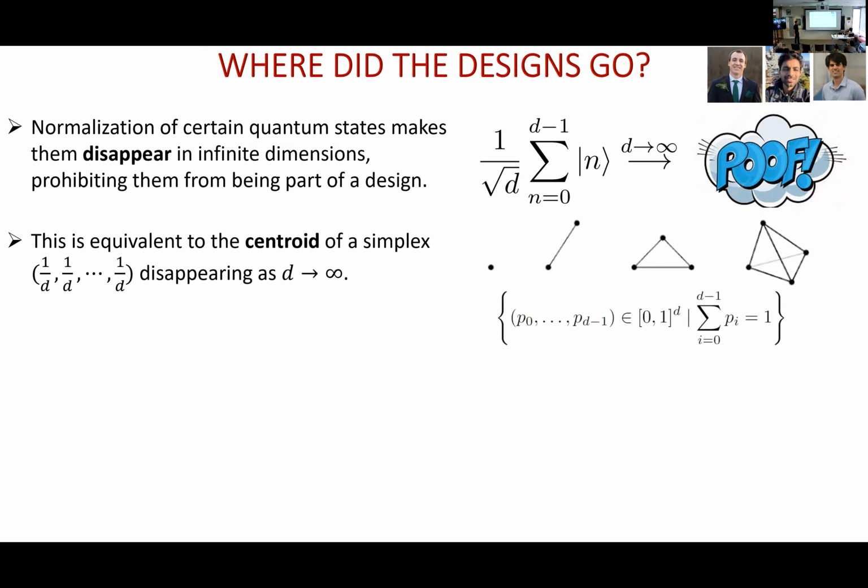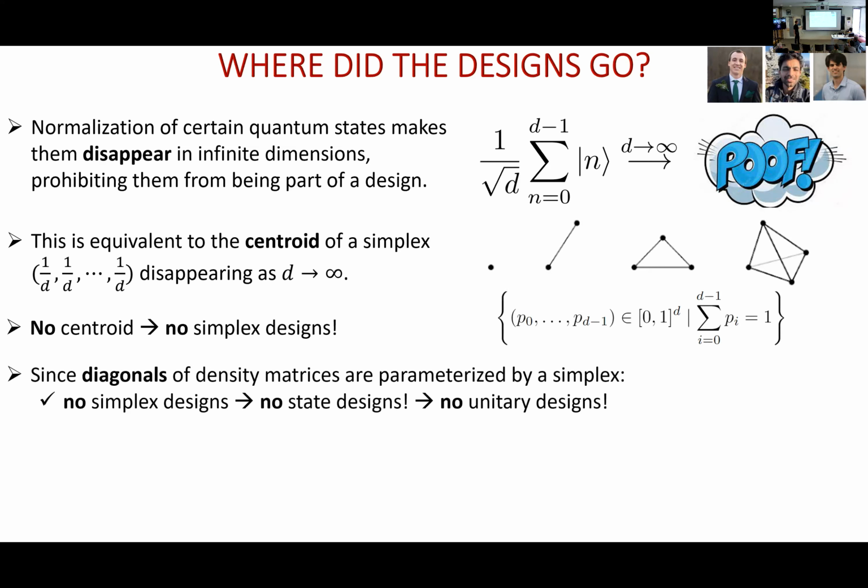And when you have no point like this that you can use, you can't have any simplex design. And because you don't have any simplex designs, you don't have any state designs. And then by contradiction, if you had a unitary design, you could always make a state design. So conversely, if you have no state design, then you can't have a unitary design. So nothing works, everything is broken. Okay.